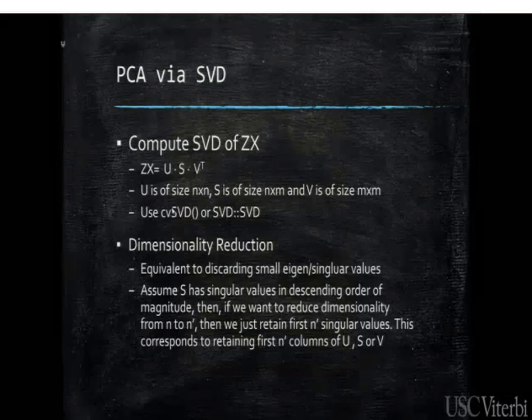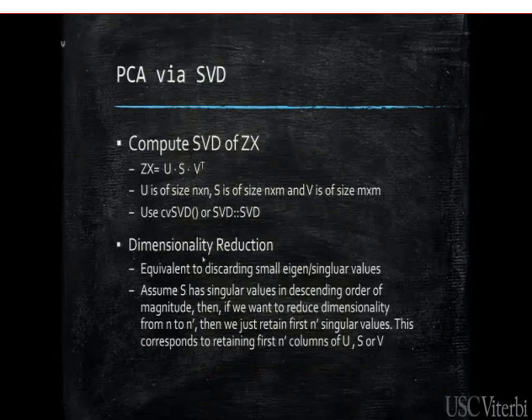So now how is this related to dimensionality reduction? As I mentioned before, the eigenvalues correspond to the directions where the variance is maximum among the data. So by throwing away or discarding the eigenvalues or singular values which are very small, we can reduce the dimensionality of the data.